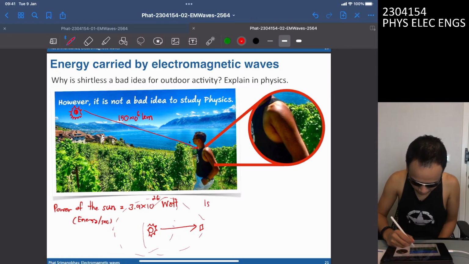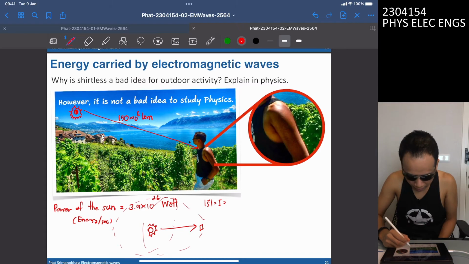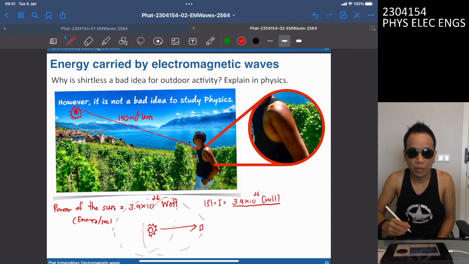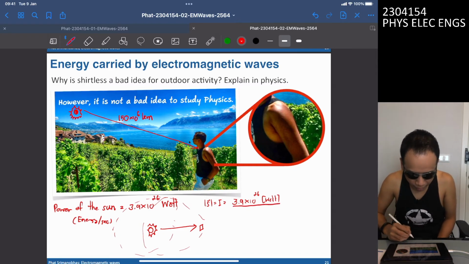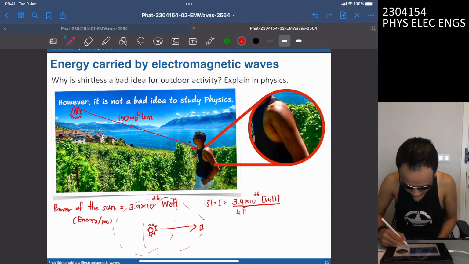The size of the Poynting vector, or the intensity, is basically the power, 3.9 times 10 to the 26 watts, divided by the whole area. The area of the sphere is 4 pi r squared.